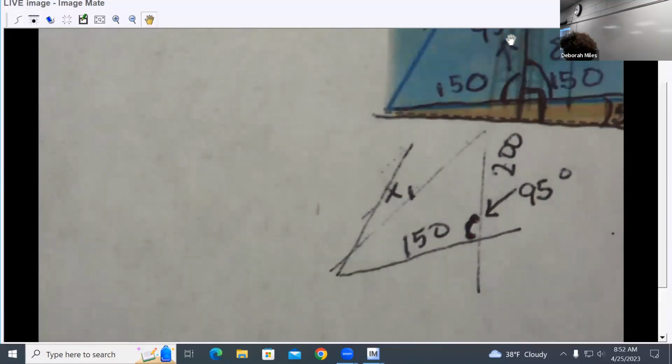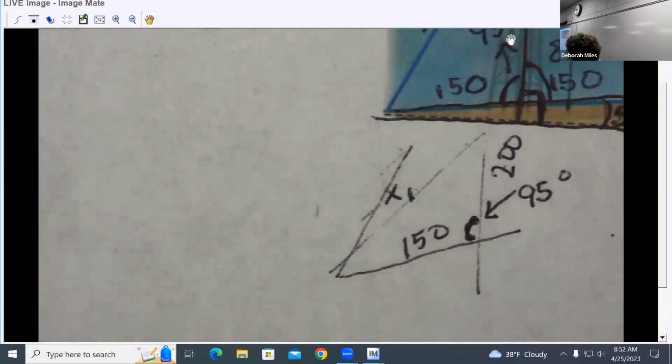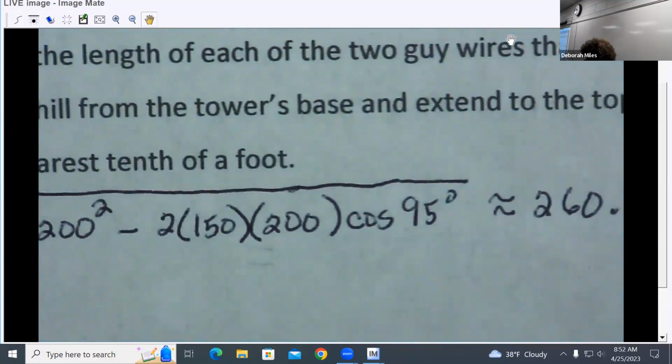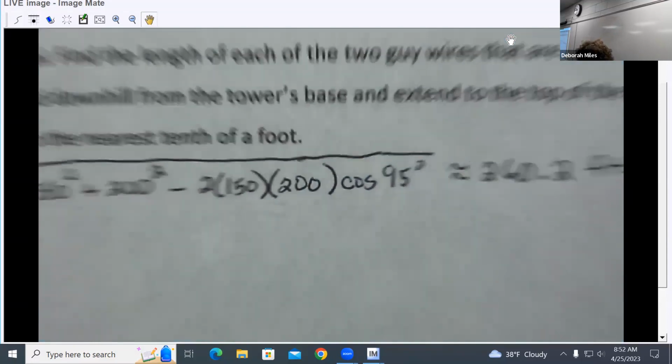Oh, this is the angle that's between the 150 and the 200. So I punched that and got approximately 260.2 feet. Anybody second that? Yeah. Okay.